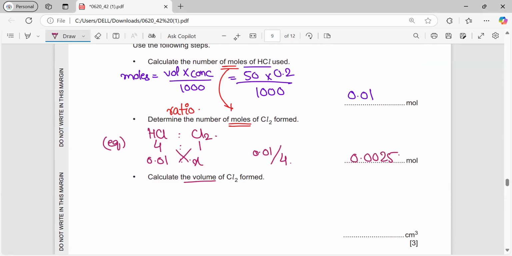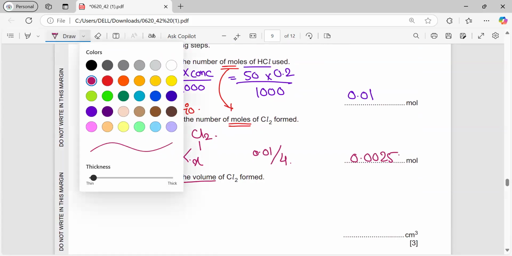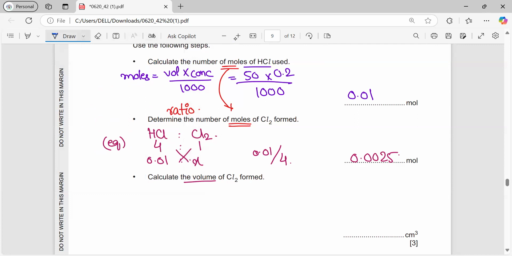Now to calculate the volume of chlorine, as chlorine is a gas, we'll use the formula moles is equal to volume over molar volume. The number of moles of chlorine is 0.0025.